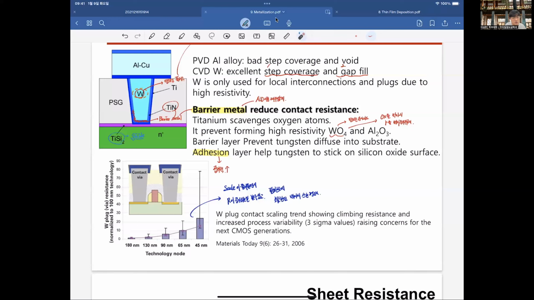When the tungsten meets the oxide, there is high resistivity, so it makes tungsten oxide. So we prevent this. We make a barrier metal to the tungsten to prevent it from becoming tungsten oxide.